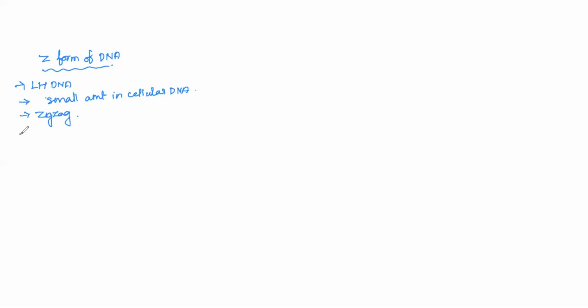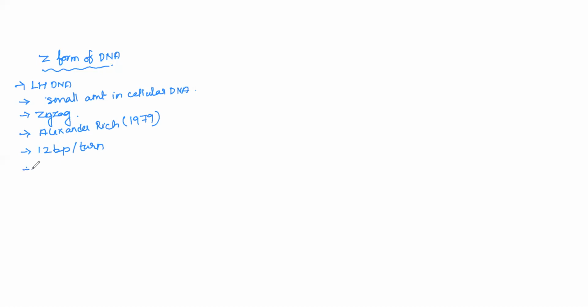Now, this was actually discovered by Alexander Rich around 1979. It is the skinniest DNA with 12 base pairs per turn.